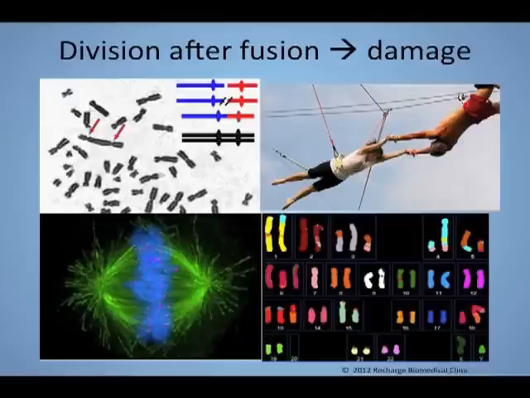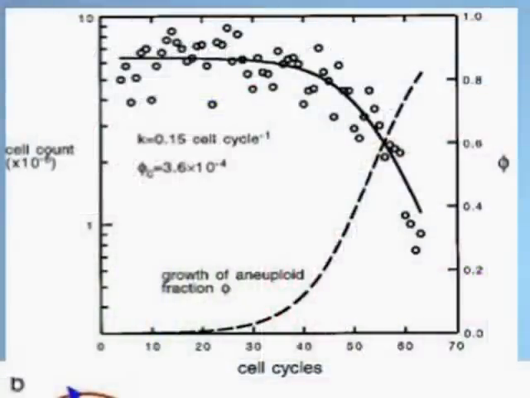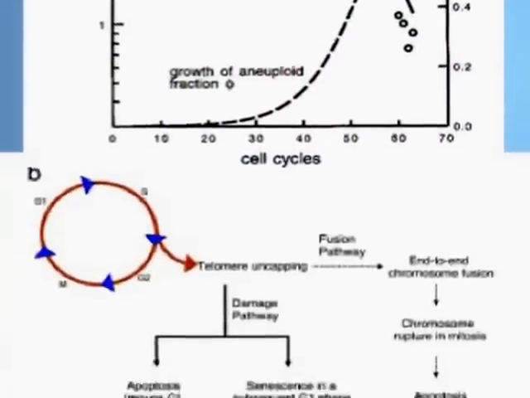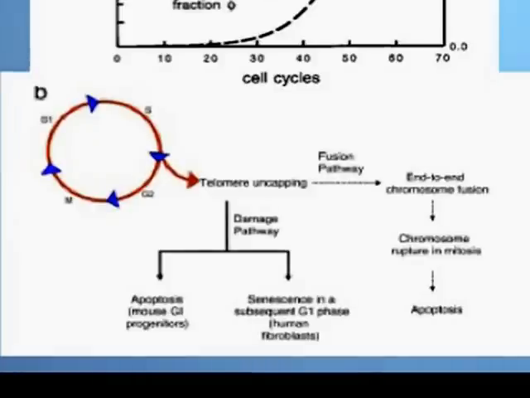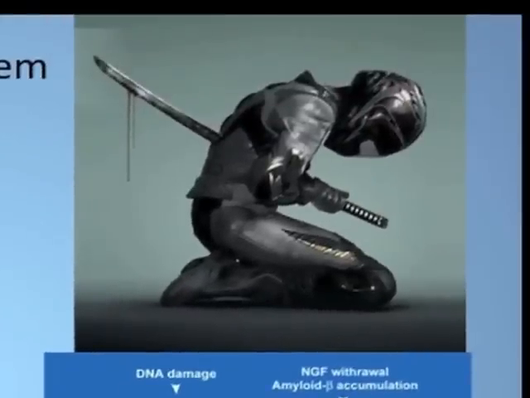So what happens in every cell, stem cells not being accepted, is that when the cell recognizes that the chromosome number is incorrect, it will kill itself, like ritual seppuku or harakiri.